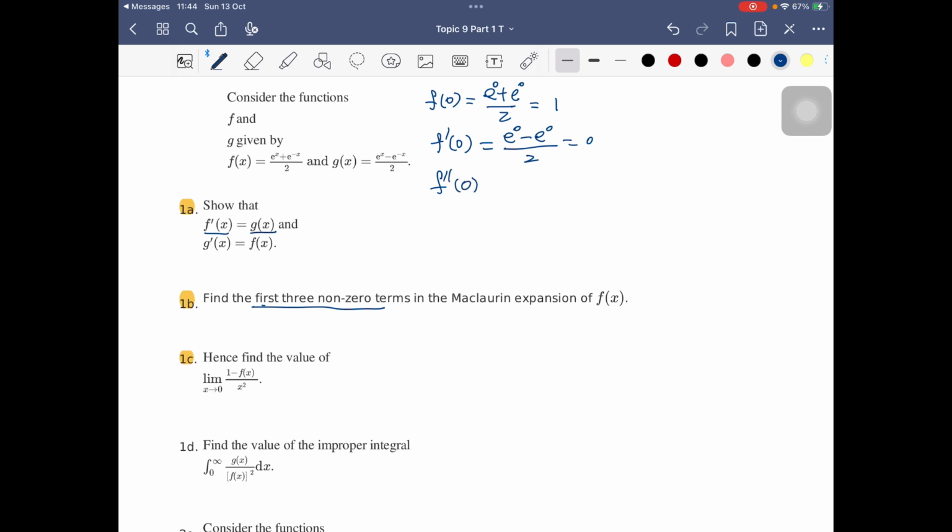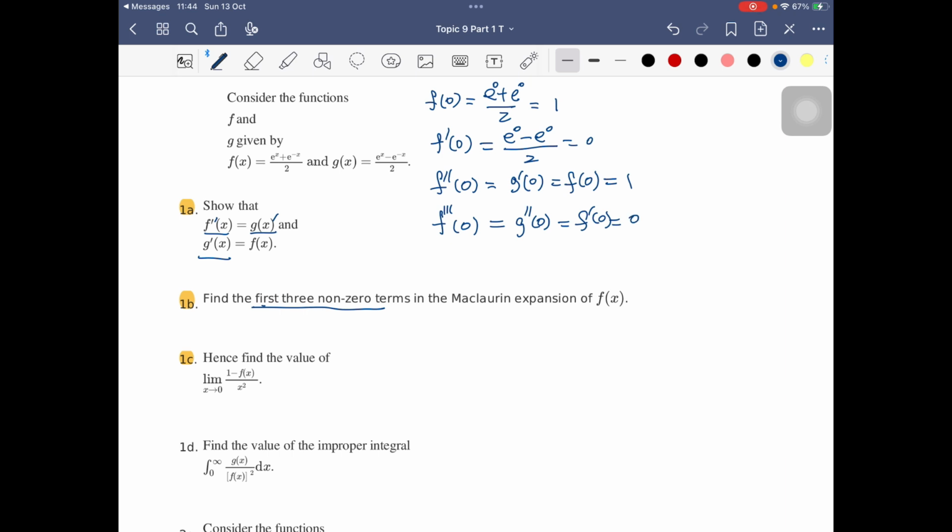F double prime of 0: if we take f double prime here, then this becomes g prime of x, so f double prime of 0 means f of 0, which is 1. So f triple prime of 0 should be g double prime of 0, which is f prime of 0, which is 0.